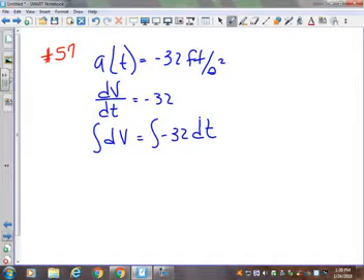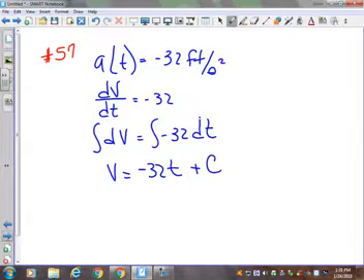When you're working problems that have rates, you have to integrate to change them to something else. So velocity equals, a constant becomes a linear, so I put a t on it, and I put a plus c.